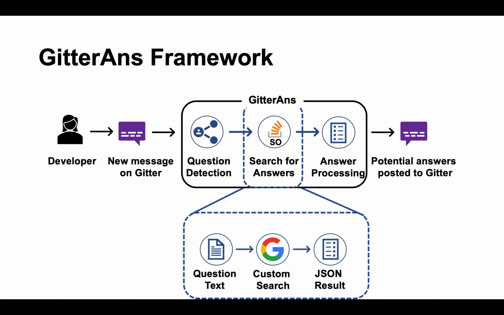Once we have this JSON with the results, we move it to our third component, which is the answer processing component. This component is mostly in charge of parsing the JSON result and posting it as a new message to the Gitter channel where the original question was posted.